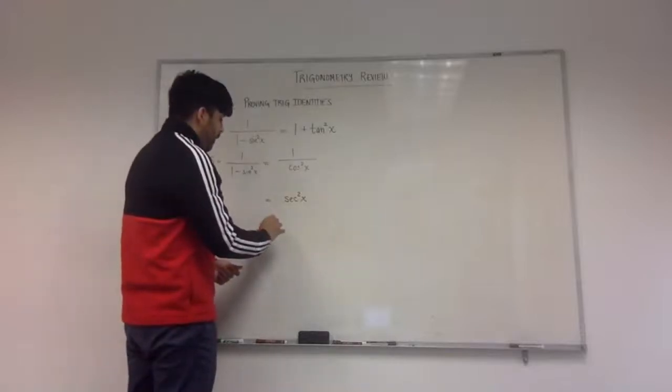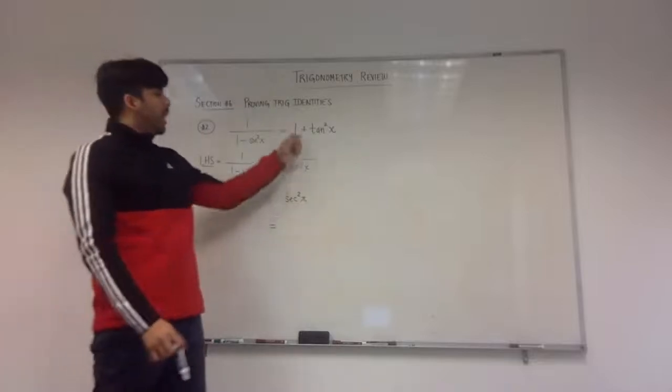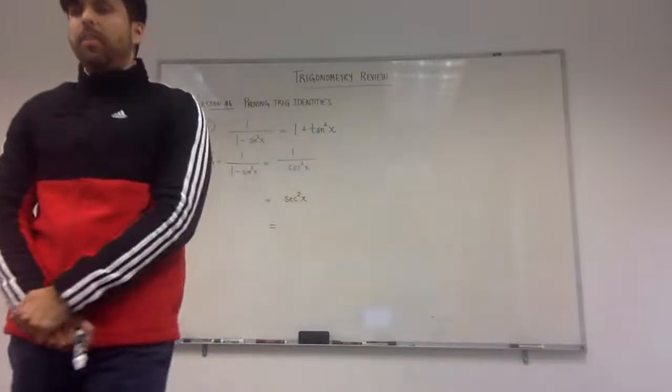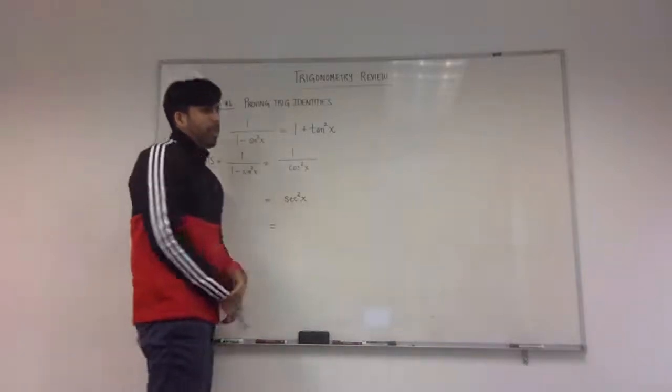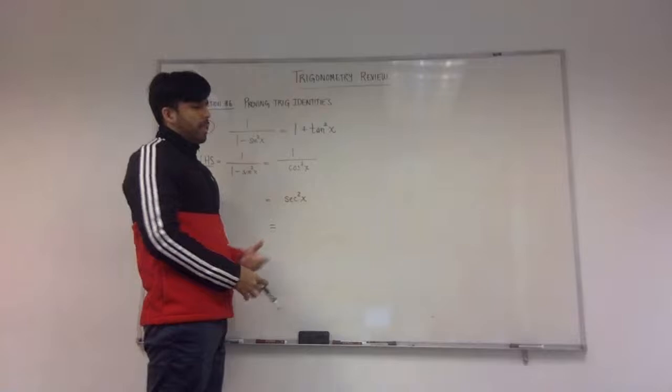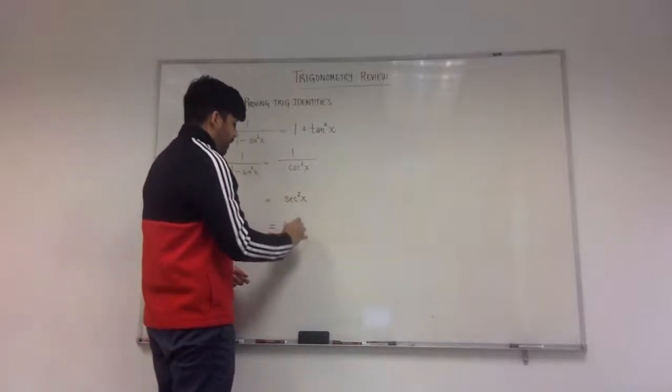And then finally, I see that, wait a minute, there's a connection between secant squared x and the right-hand side, which is 1 plus tangent squared x. And the relationship is that they're exactly the same thing. They're equivalent. Secant squared x is the same as saying 1 plus tangent squared x.